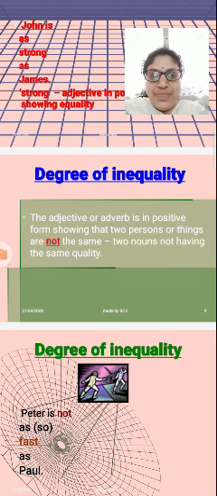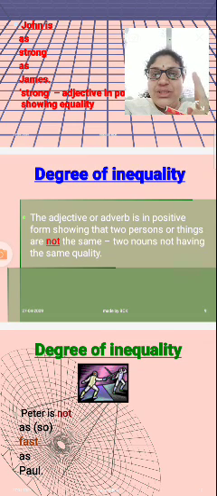I think you have understood that the adjectives or adverbs are in the positive form, showing that two persons or two things are not the same. Two nouns not having the same quality. So for the two nouns, there is no same quality in the inequality.